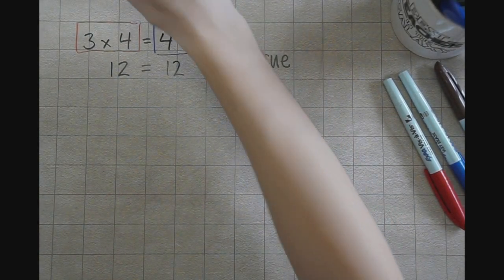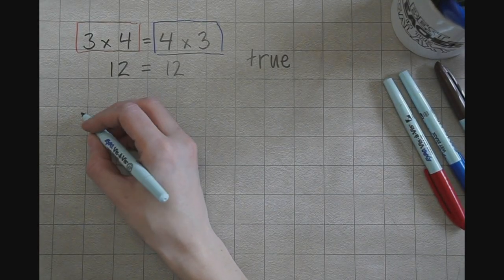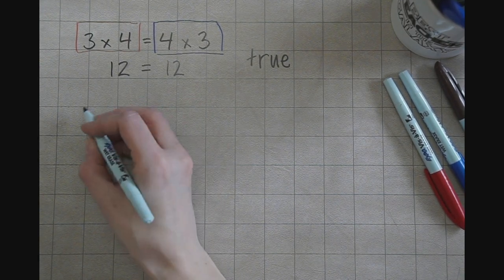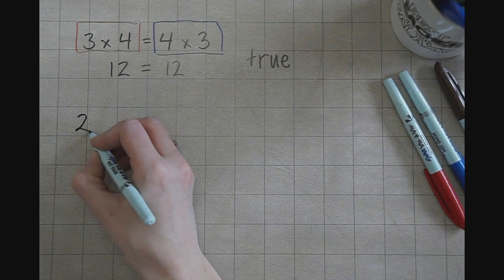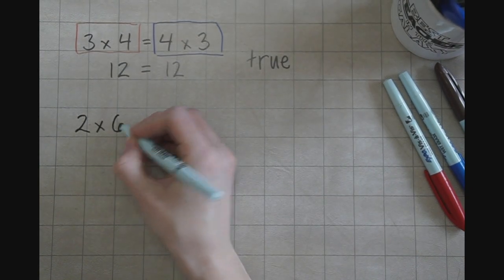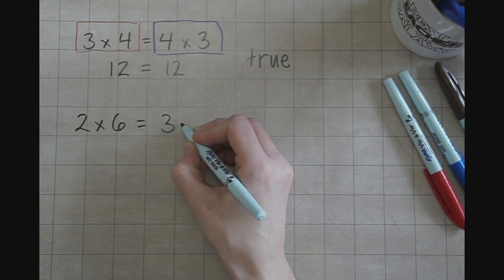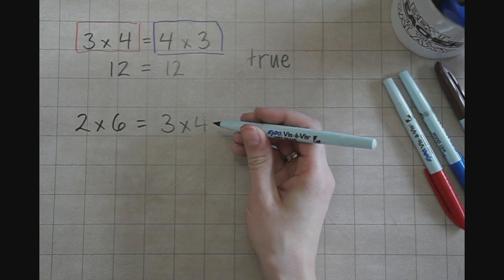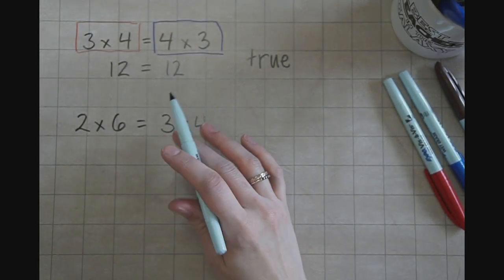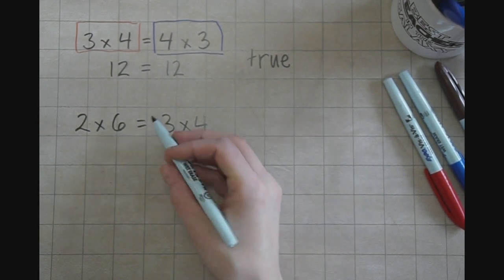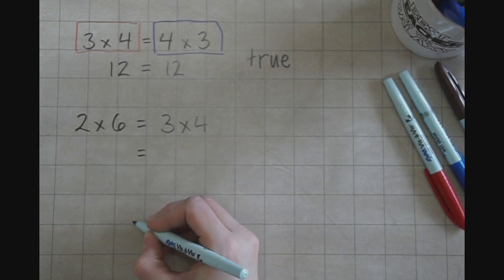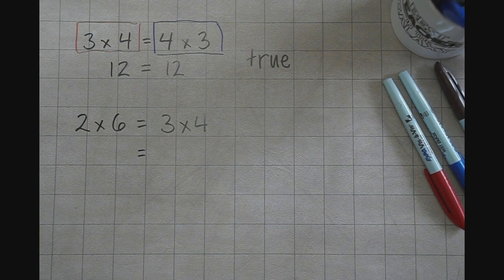So how about this one? This time, let's solve 2 times 6 equals 3 times 4. Remember to keep your two sides separate and keep the equal sign in the same spot so you stay organized.